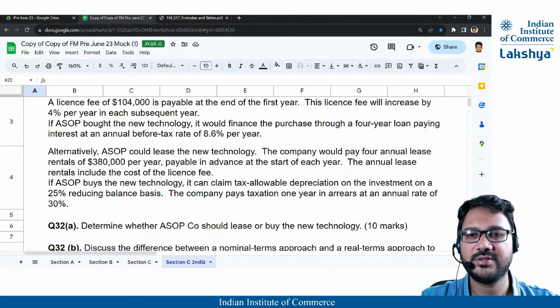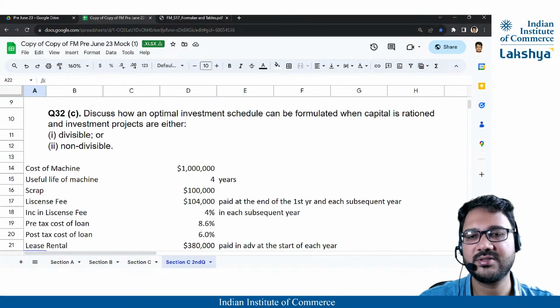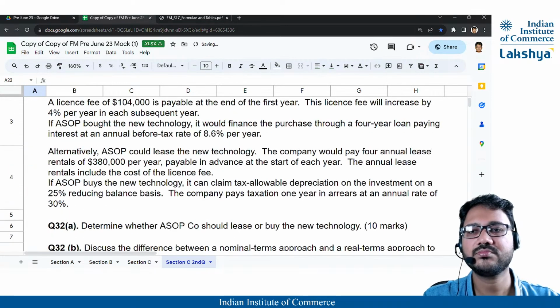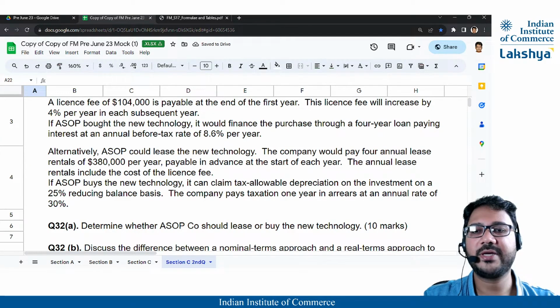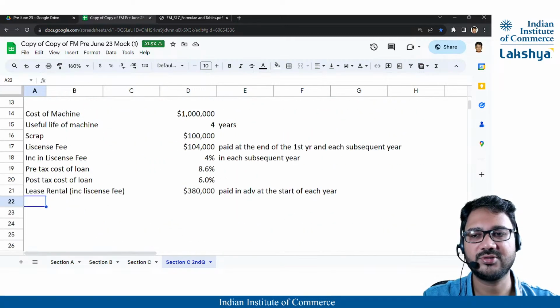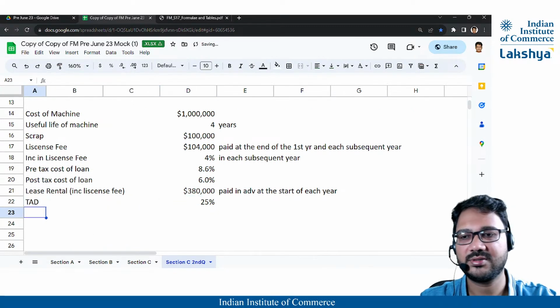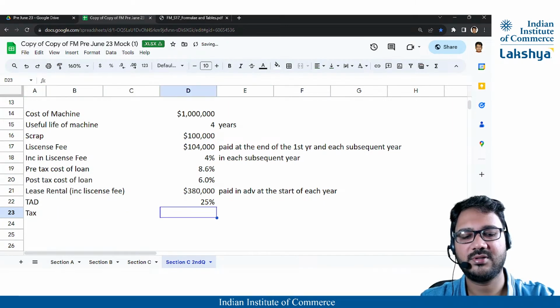The annual lease rental would include the cost of license fees, so we need not pay a licensing fee separately. So just write that. If ESOP buys the new technology, it can claim tax allowable depreciation at 25%, reducing balance basis, and tax is 30%. So TAD, tax allowable depreciation, is 25% and taxation is 30%.